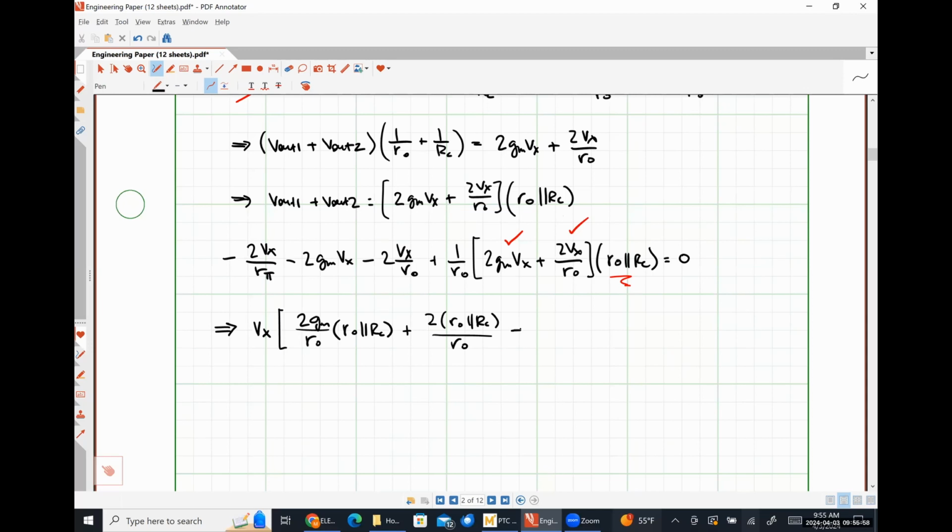Now I'm going to have a minus 2 over Rπ minus twice GM minus 2 over R naught. Actually, that guy right there should be R naught squared. Yeah. Is equal to 0.